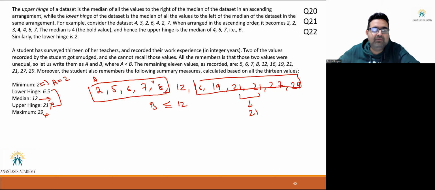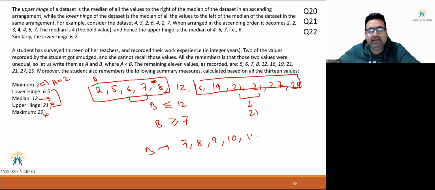Because even if I add one more 7 here, still 6 and 7 will be in the middle and their average will be 6.5. So my B has to be either 7 or above 7. So I get possible values of B: 7, 8, 9, 10, 11, 12.